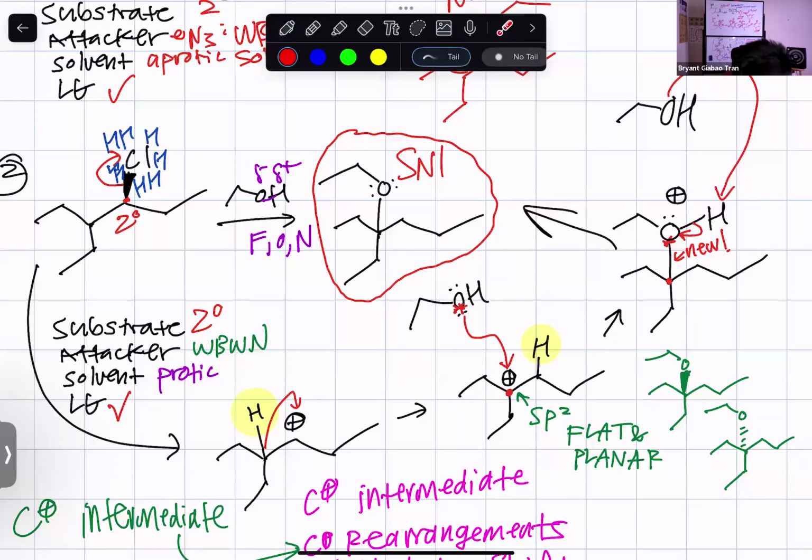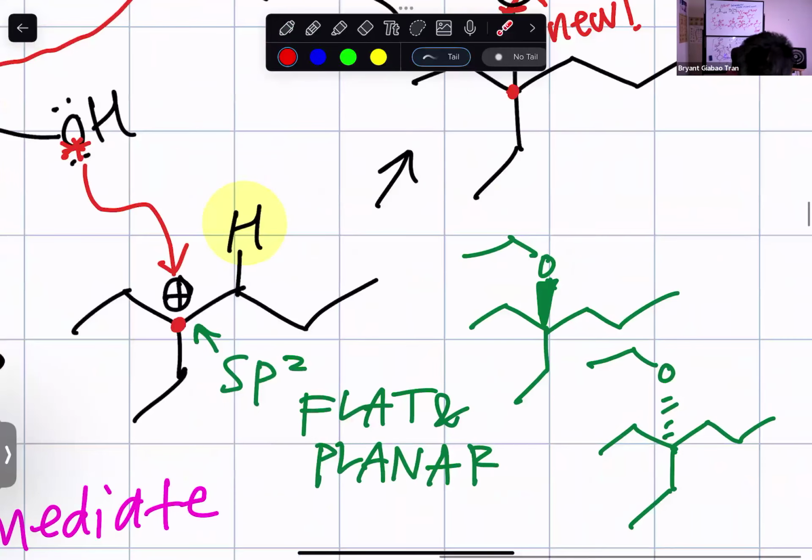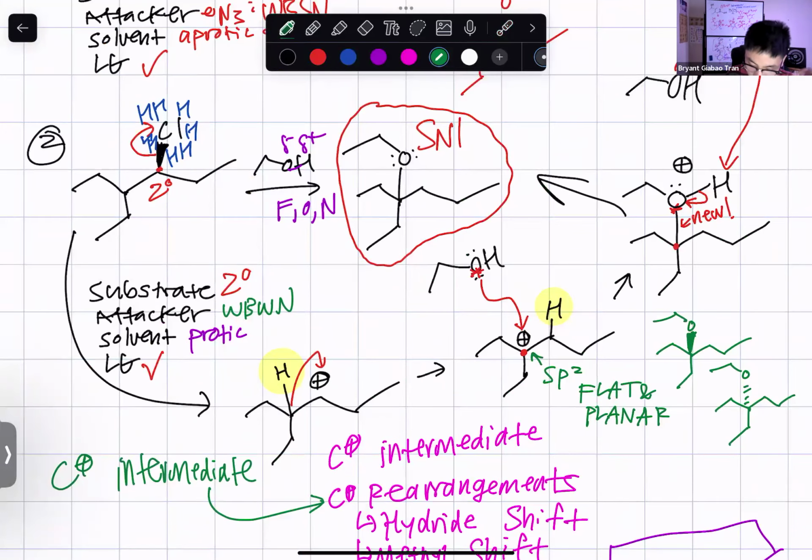Well, in this case right here, is this a chiral center? This carbon here? No, it's not a chiral center. So in this specific case, we cannot say racemic mixture, because what is the definition of a racemic mixture?